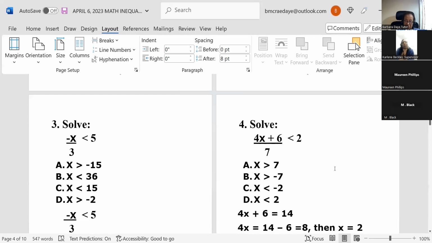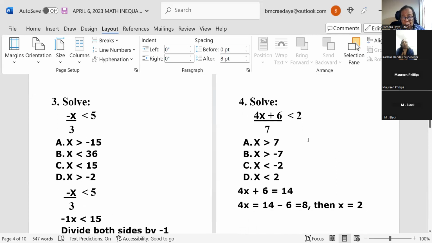You get the same answer, but if you could see your answer without doing that, it makes it even easier. The other way, multiply both sides by 7, that would give you 14. Subtract the 6, that would give you 8. Divided by the 4 would give you the 2. But this is also another way, like I said, with the math, you could do it. But you do it the way you feel comfortable. I just like to sometimes show you more than one way of doing a problem. Okay.